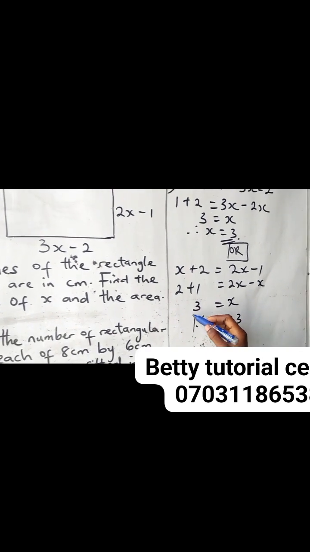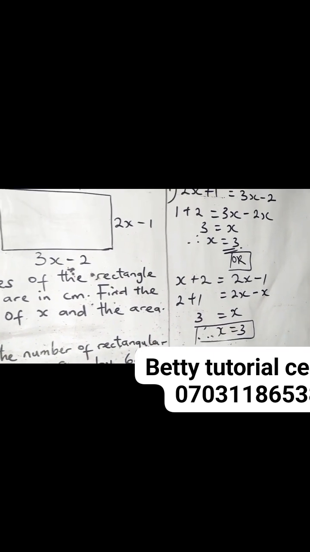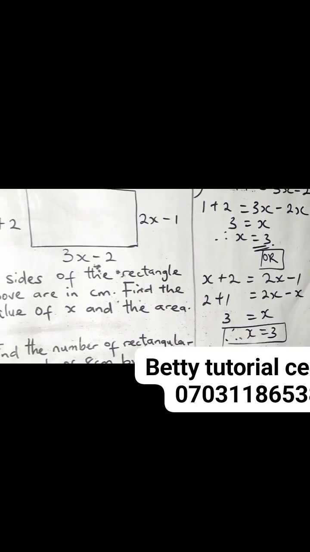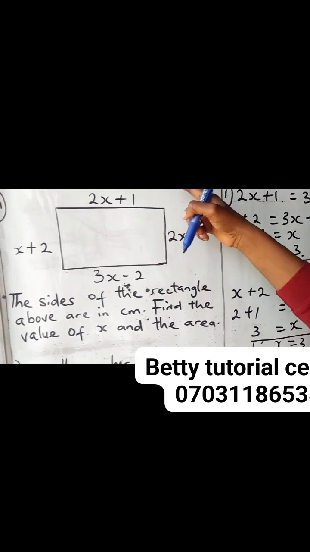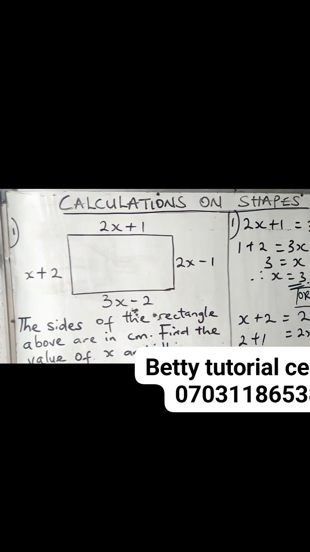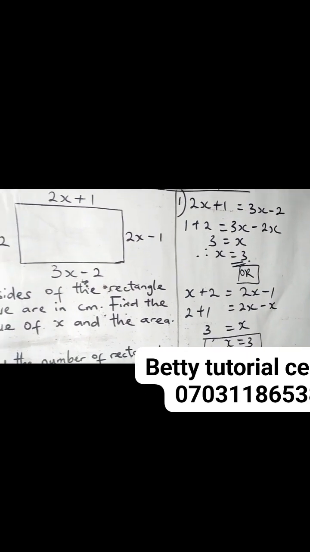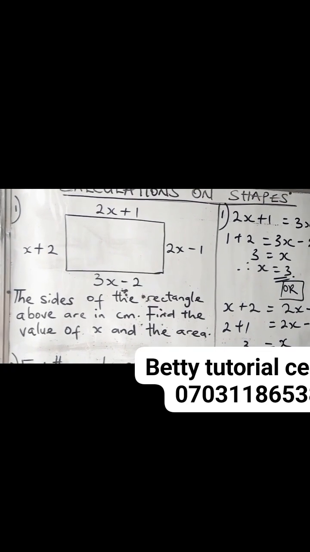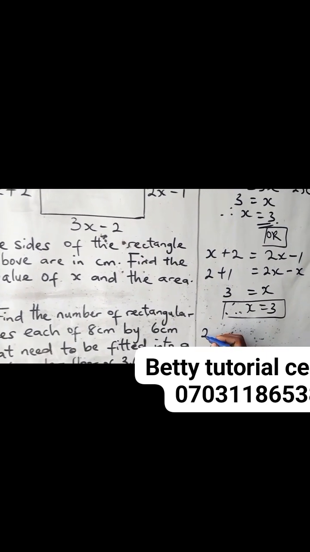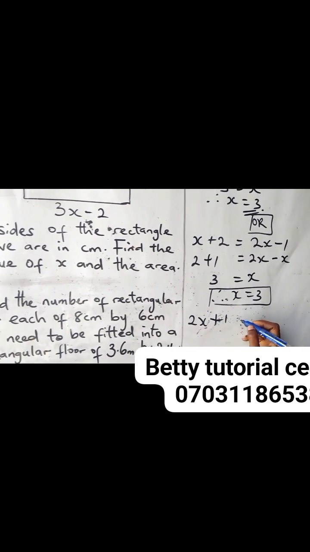Now that we know that using both the length and the breadth, we still have the same answer, x is equal to 3. Now let us substitute x equal to 3 into the set of numbers we have, so that we can find the value of the length and the breadth. So here we have 2x plus 1.